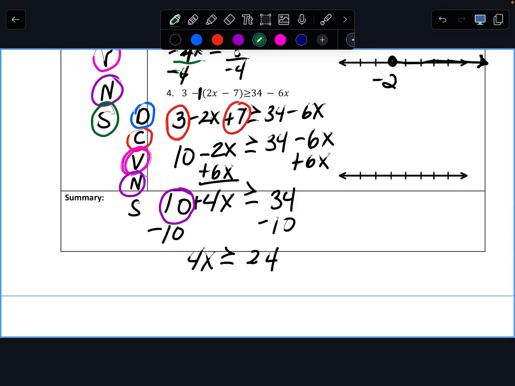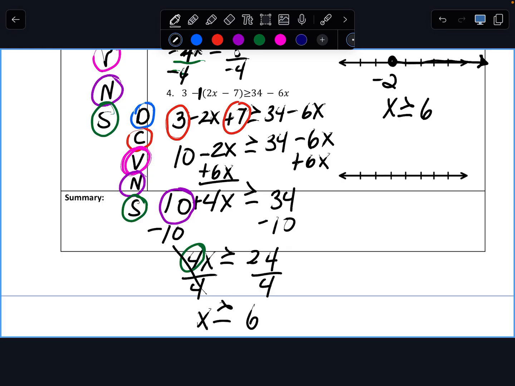So my last step, I'm going to get rid of this number. I'm going to divide both sides by 4. X is greater than or equal to 6. Okay? X is greater than or equal to 6.